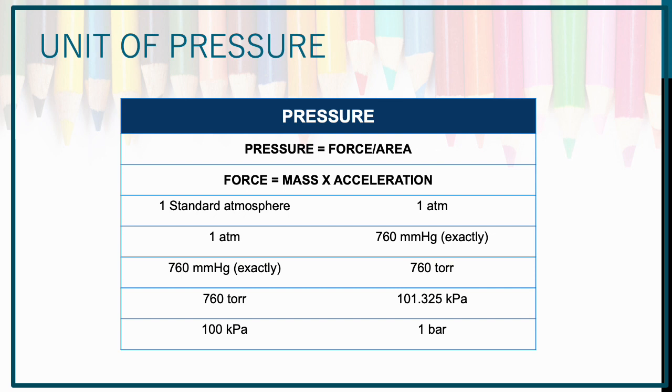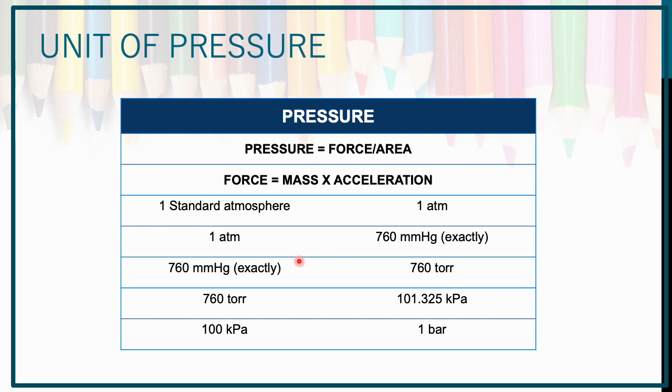Okay, so there are a lot of units for pressure, and this is the conversion. You need to know how to convert from one unit of pressure to another. For example, 1 standard pressure is equal to 1 atm. So, 1 atm is equal to 760 millimeter mercury.